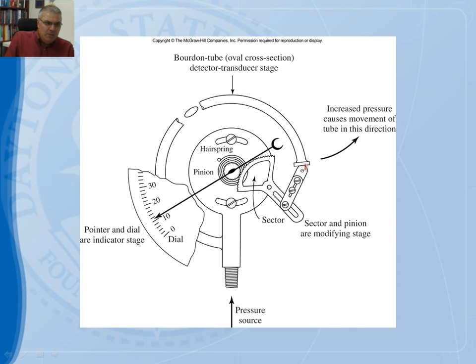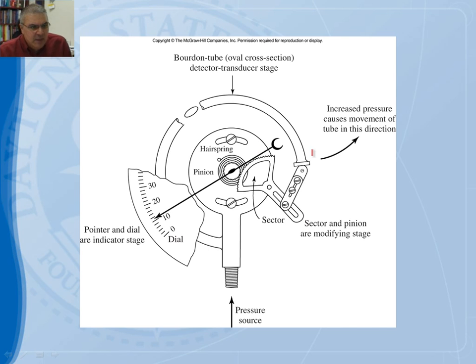As we increase the pressure, the tube is going to start moving in that particular direction. You see there's a slot provided here to accommodate that, and the slot that's provided here helps the sector to move. The sector is moving against, turning a small little wheel here, and that would be connected to the pointer and dial to indicate the pressure.